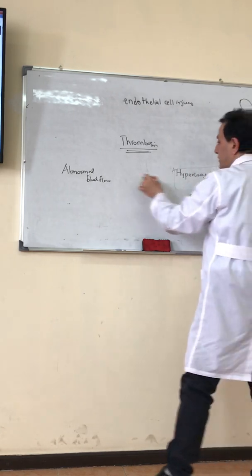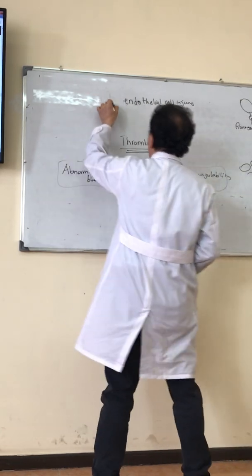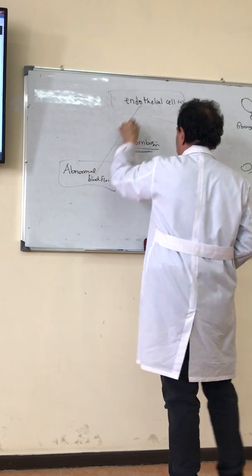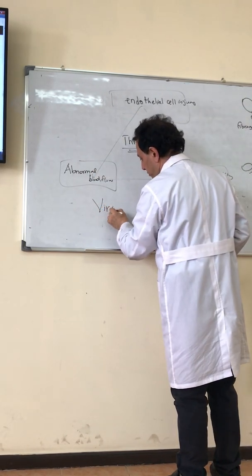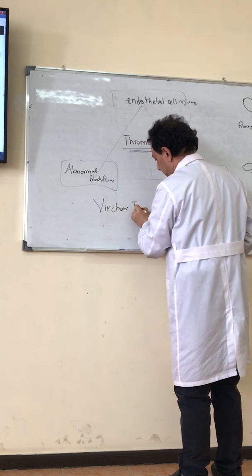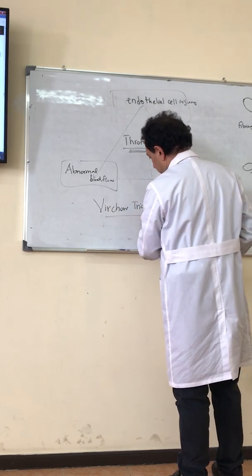So these three factors can cause thrombosis, and this is called Virchow triad.